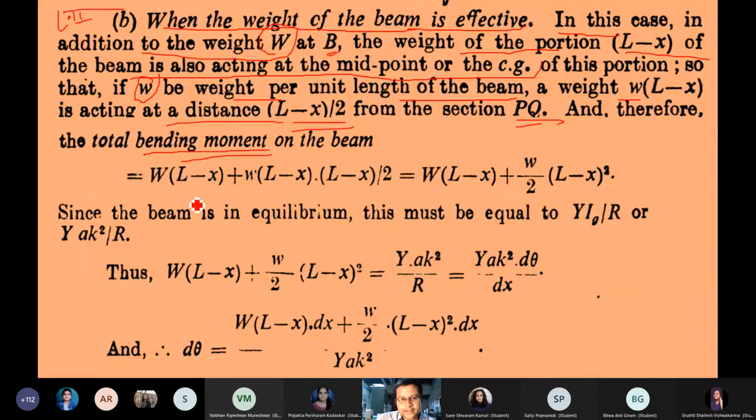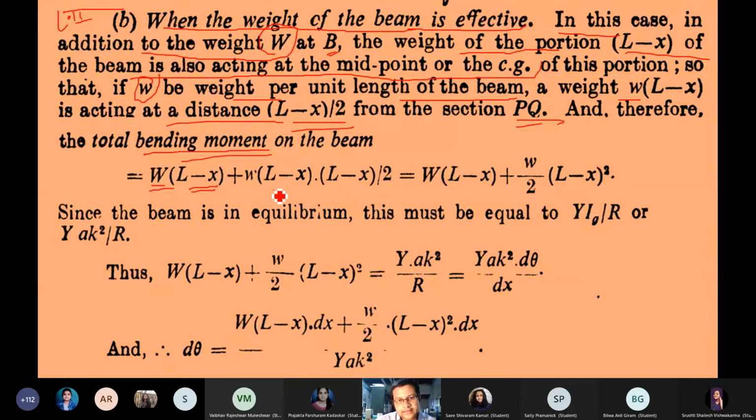So when you are writing the total bending moment of the beam, the total weight of this beam is capital W, acting over length L minus x, so W(L minus x) gives one of its bending moments, for the bent portion from the position P that we have taken.